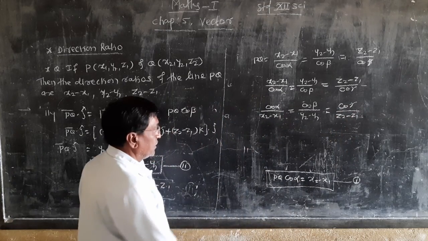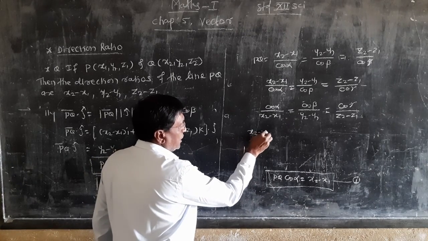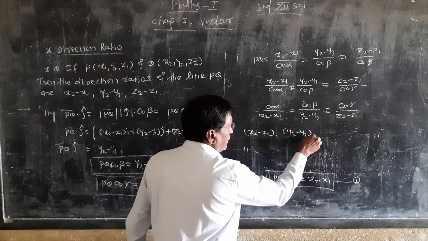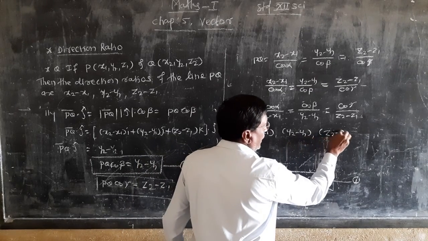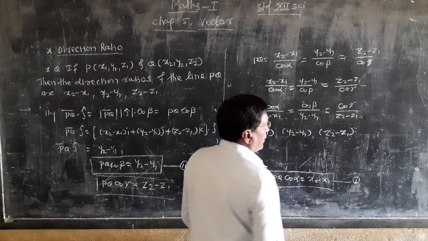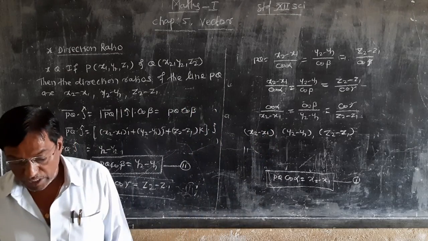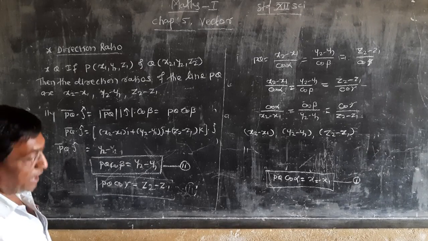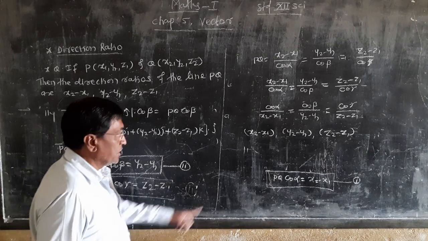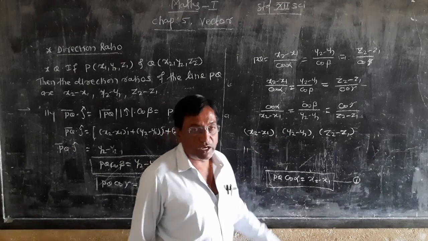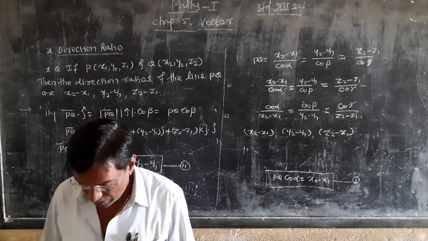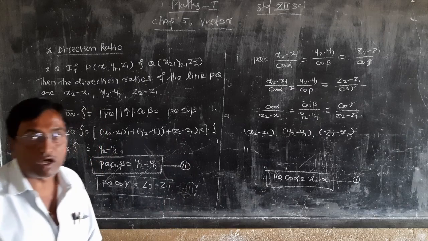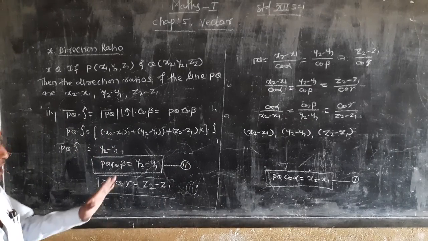Therefore x2 minus x1, y2 minus y1, z2 minus z1 are proportional to the direction cosines of the line PQ, that is cos alpha, cos beta and cos gamma, and hence x2 minus x1, y2 minus y1, z2 minus z1 are the direction ratios of the line PQ, and hence the proof.